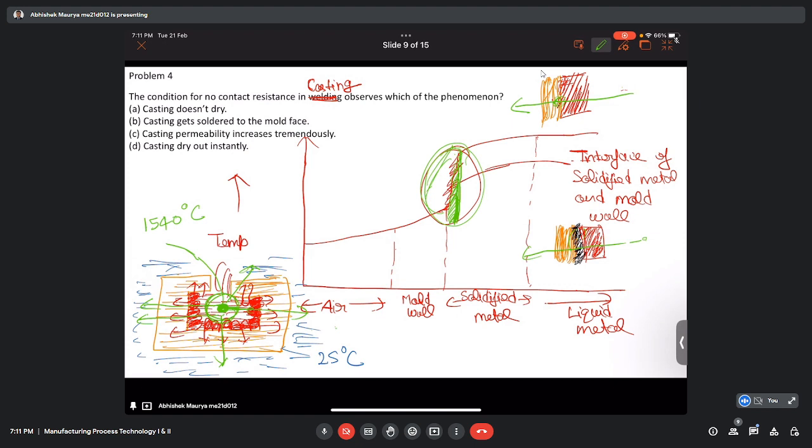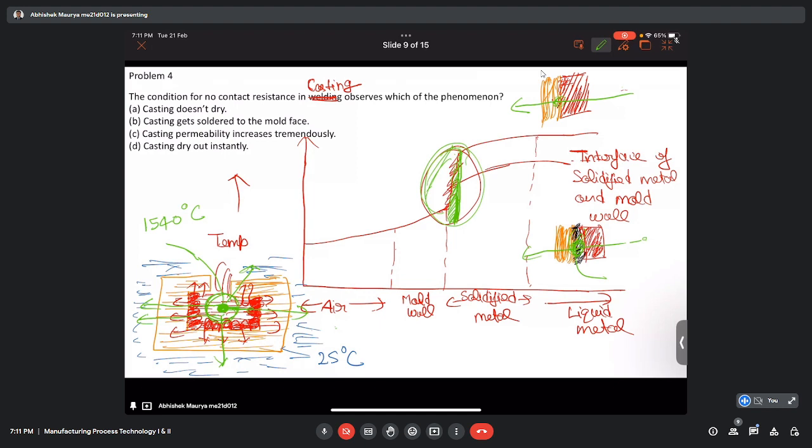It means the resistance of air is high. So in this region we will find very high resistance to heat, which will cause difficulty in extracting the heat from the molten metal to ambient. So it slows down the solidification process.